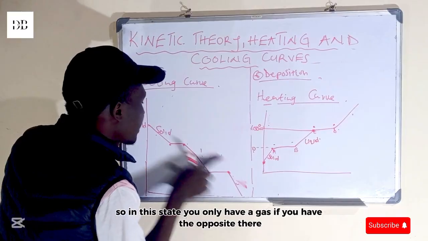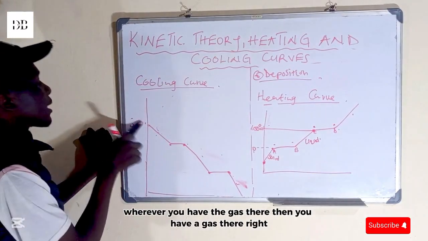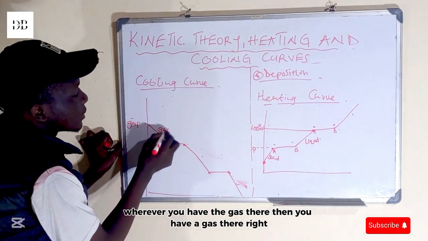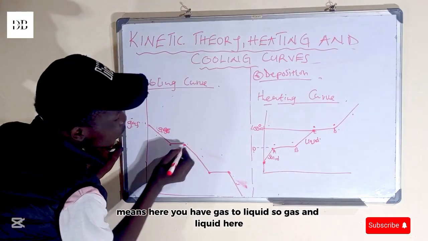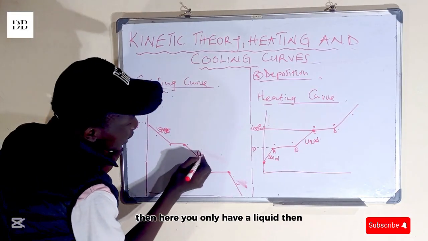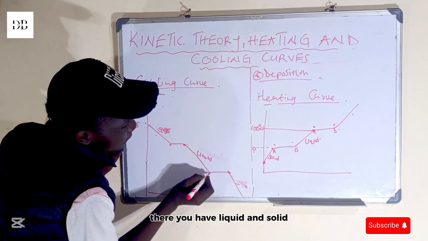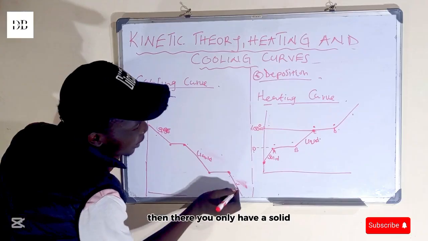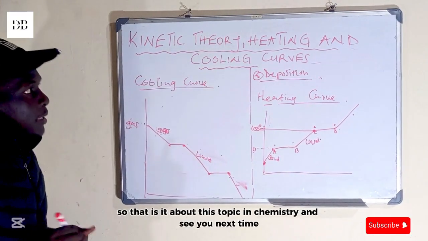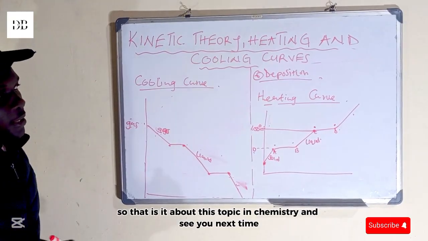If you have the opposite, whereby you start with gas, here you have gas to liquid, so gas and liquid here. Then here you only have a liquid. Then there you have liquid and solid. Then there you only have a solid. So that is it about this second topic in chemistry, and see you next time.